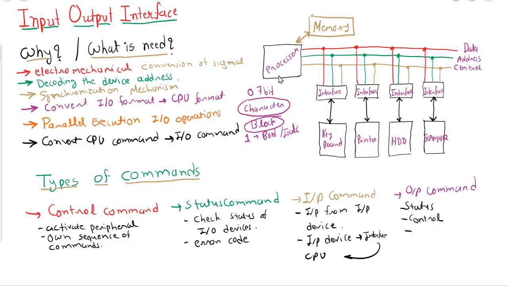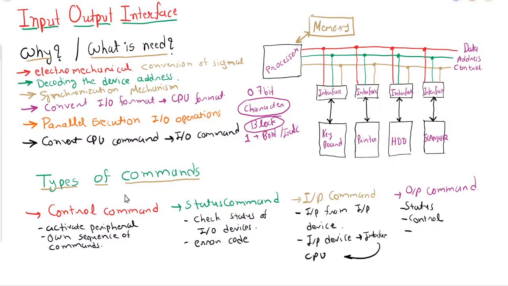Whatever data we want to print or store permanently on the hard drive, first the processor will send status, then control, and once the device is ready, it will start reading data using the interface from the data bus. So this is how the output command will work.